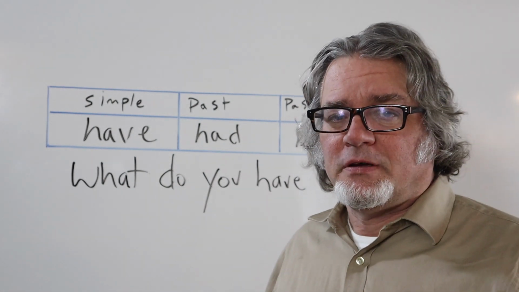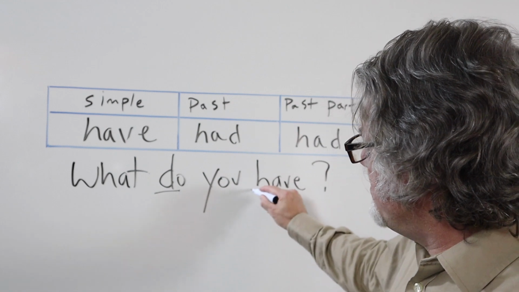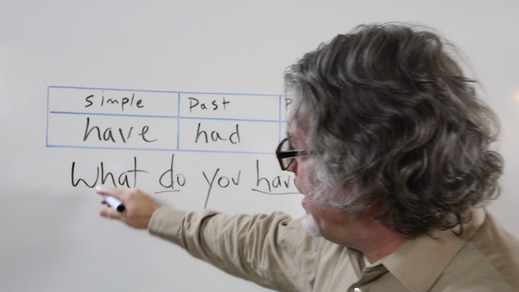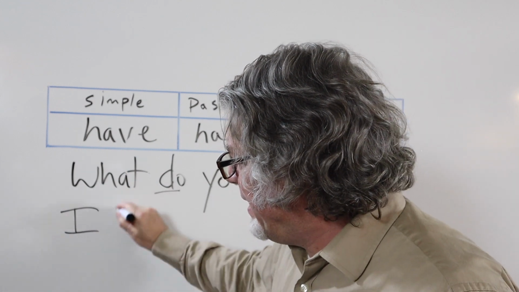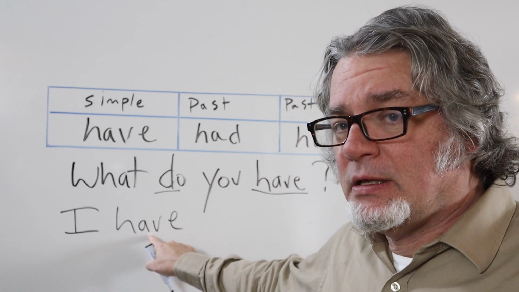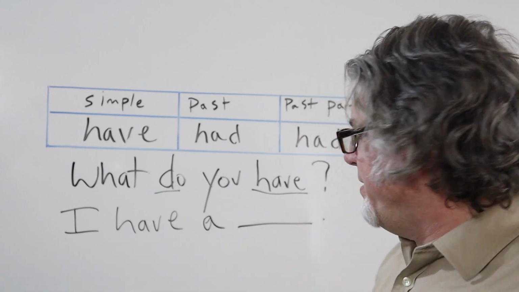What do you have? Here's the helping verb, and then this is the main verb. It's in the simple form. And then when you answer, I have, this is in the present tense form. I have a, and then you can put the thing.